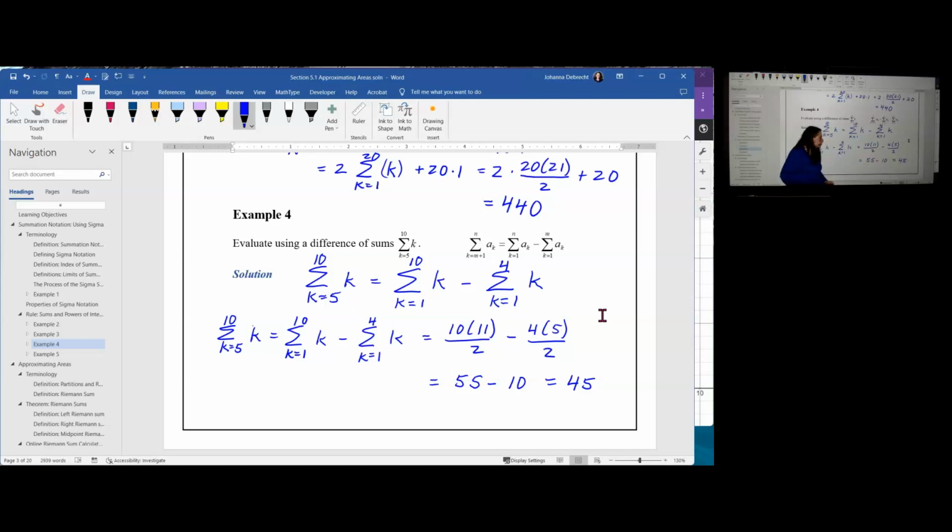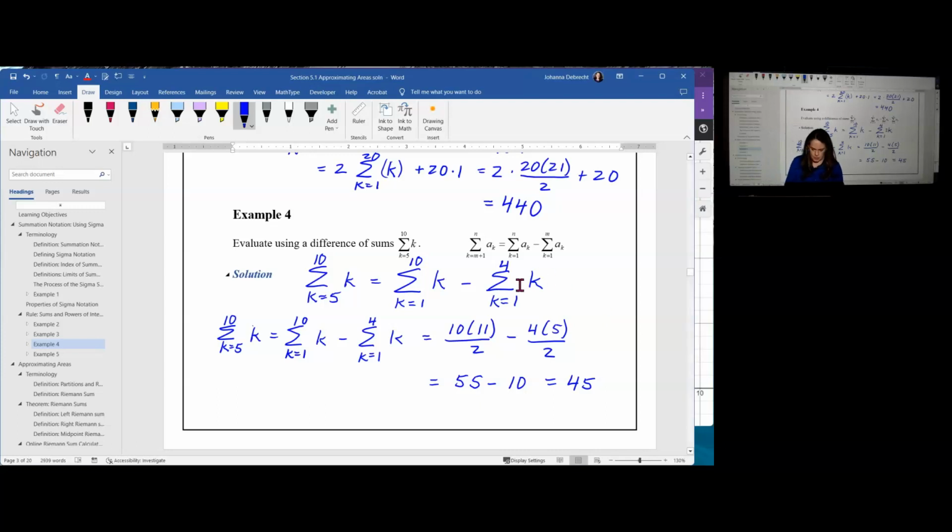Then I subtract the 2 to get the sum of the one I really was interested in, the sum of the index from 5 to 10. This is how we can use the formulas even when the index does not start at 1. This will become very important as well in Calculus 2, where we use series a lot, and series are summations.